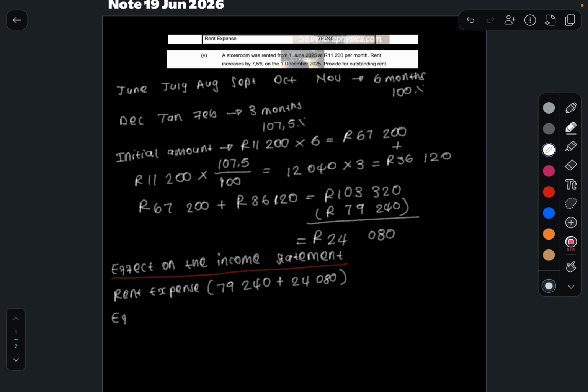And then effect on the statement of financial position. Even though we did not pay it, we have to include it.